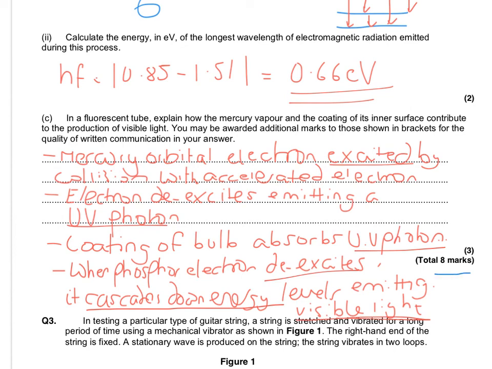The ultraviolet photon causes the phosphor to get excited to a very high energy level, so like somewhere up here, and the cascading process is this: the process of taking multiple different pathways back down to a ground state like this. This is called cascading down the energy levels, and that's why visible light is produced, because we get these lower energy transitions in the de-excitation process. So that is the role that mercury and the coating of the tube play in producing the visible light.